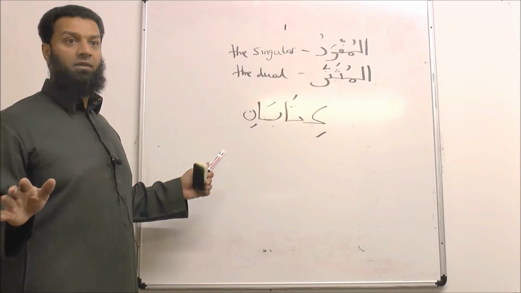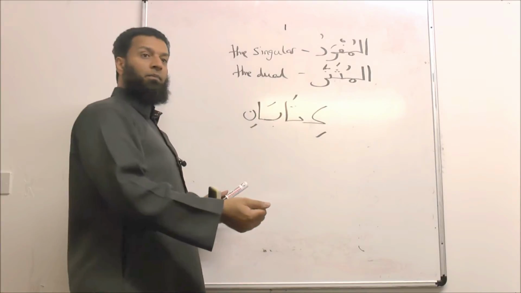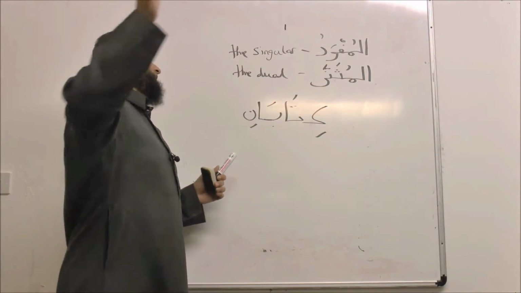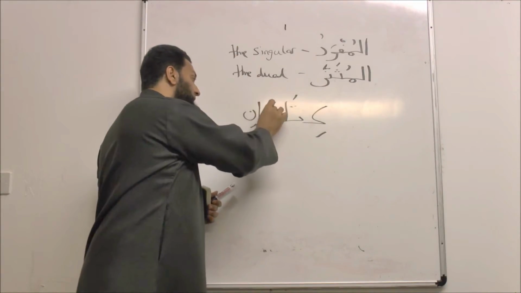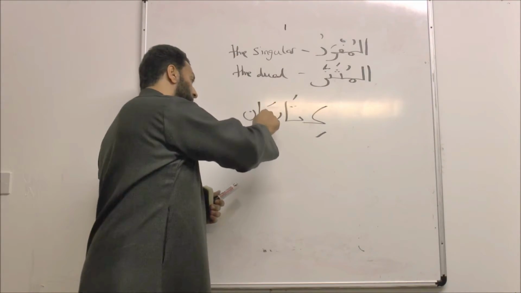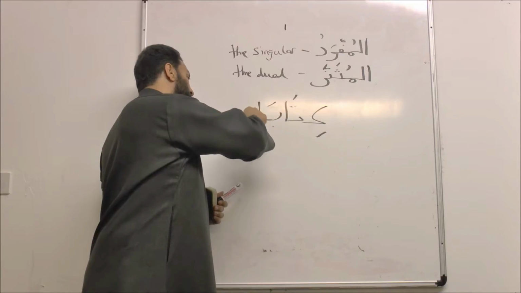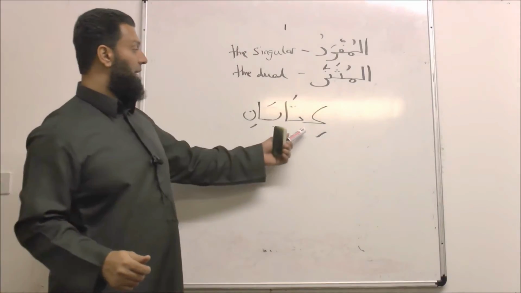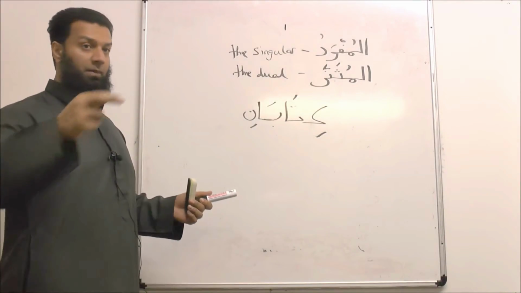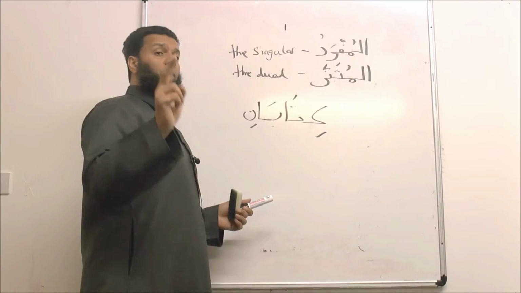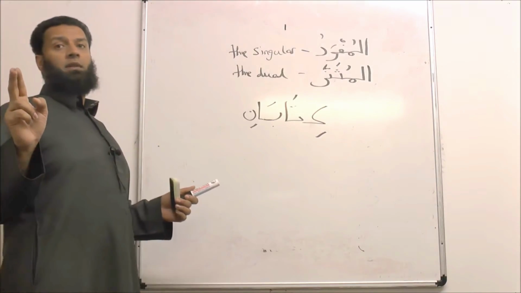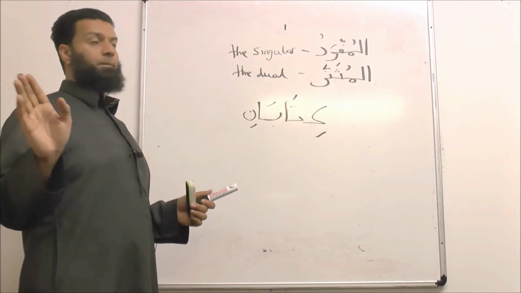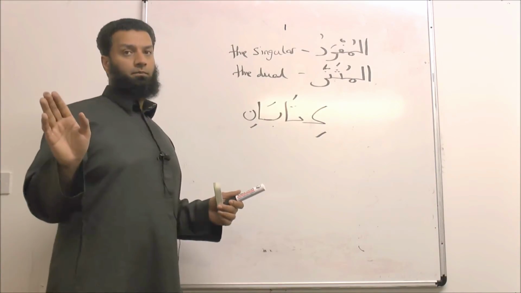Right? So we went from kitabun to kitabani by removing the tanweenu dammin at the end, placing an alif on the ba, then a noon with a kasra. And it becomes kitabani, which means two books. Right? Two books.